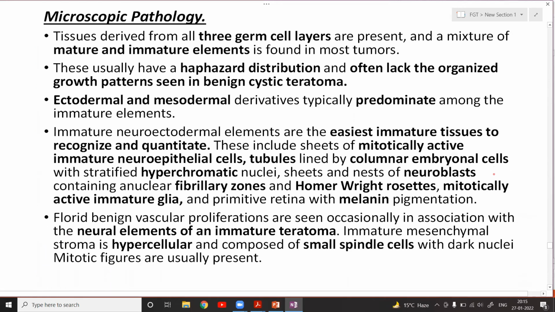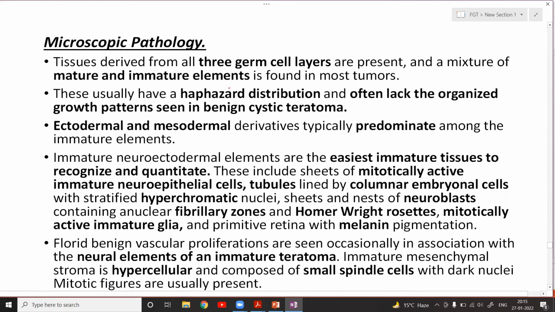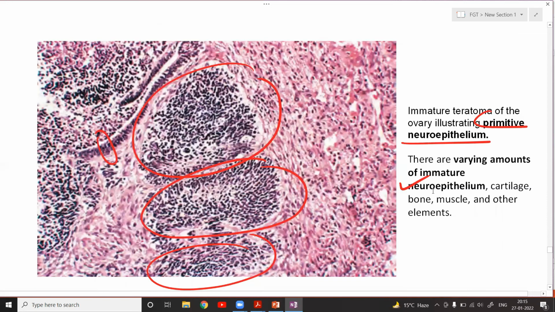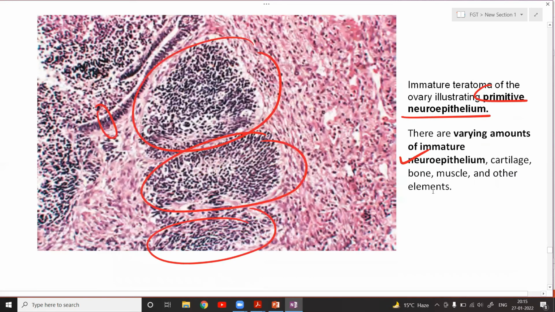The most important feature is a haphazard distribution. There is no organized growth pattern as was seen in benign cystic teratoma. Usually the ectodermal and mesodermal derivatives predominate. The most important part is the immature neuroectodermal element that I highlighted. It is the easiest immature tissue to recognize and quantitate. That is why the recognition of this immature neuroepithelium becomes very important.